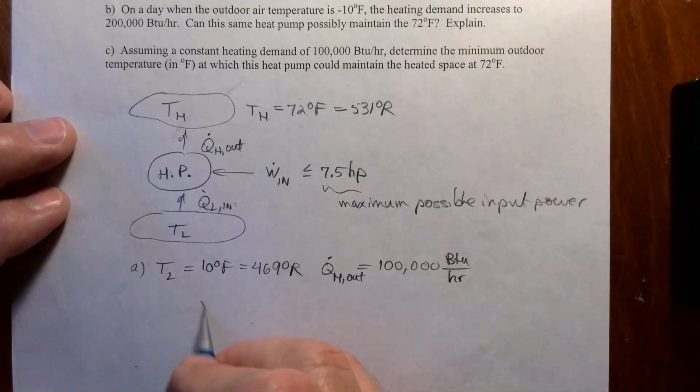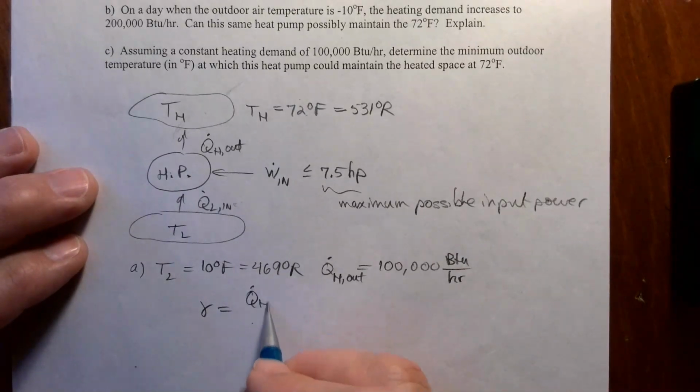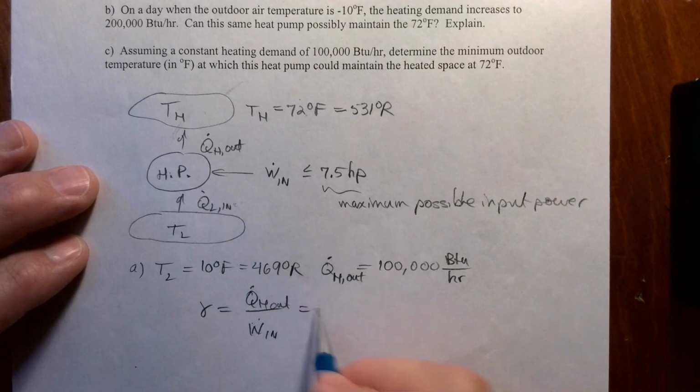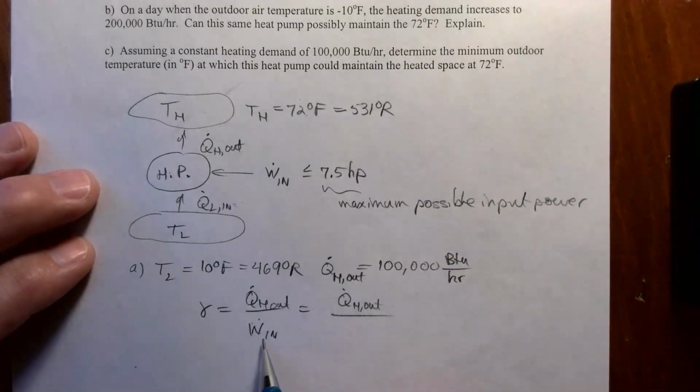What I did, this is for a heat pump, so let's use gamma is equal to Q dot H out, that's our goal, divided by W dot N, what's being delivered. We can convert that to a QH out with an energy balance. This W dot in is actually QH out minus Q dot L in. Right, the difference between those two is this power from an energy balance.